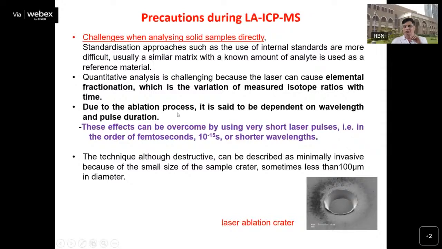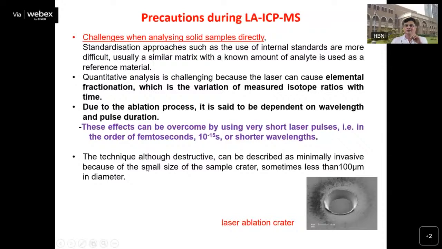There are certain issues with laser ablation. The ablation process is said to be dependent on the wavelength and pulse duration. If we use femtosecond lasers, those effects can be overcome, or we can even use shorter wavelengths of the lasers.